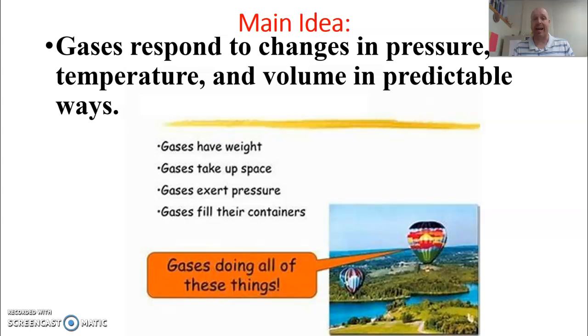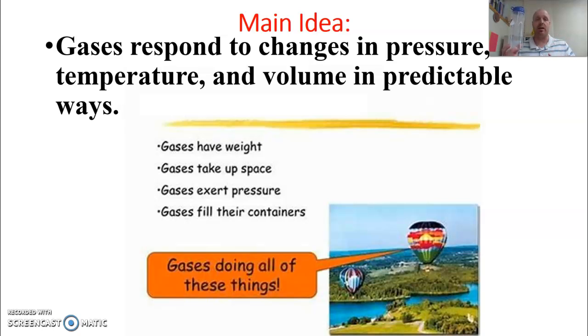The main thing to know about gases is that gases have weight, they take up space, they exert pressure, and gases fill the container. In this particular empty water bottle, the gas isn't just located on the bottom, there's gas throughout. Now, different gases have different weights, and that's a little different animal in and of itself.